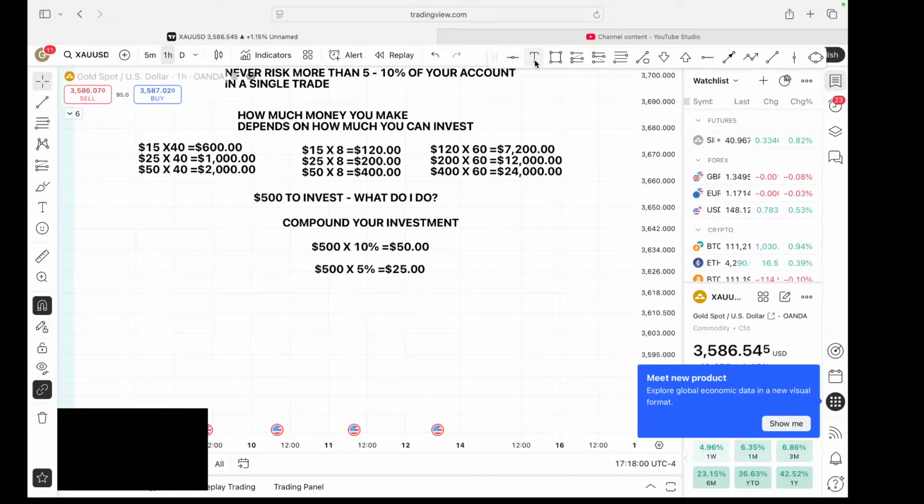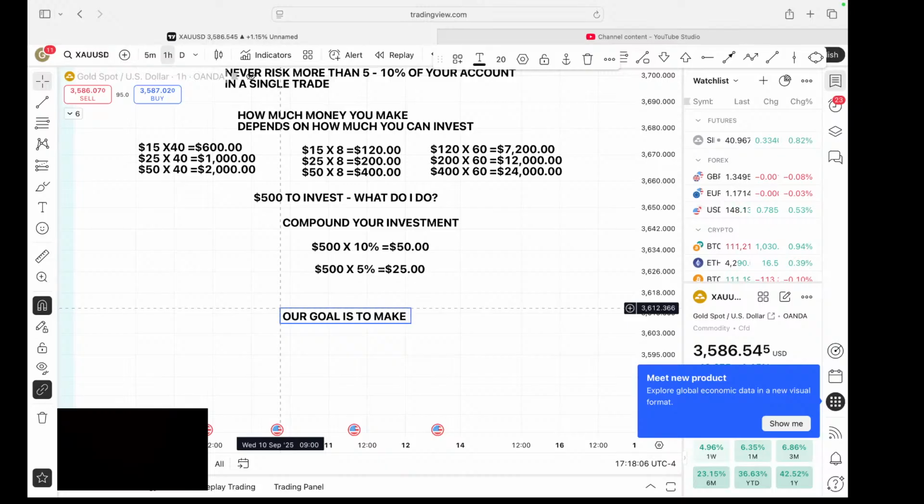Our goal is to make 3 to 5 times what we are risking on every trade.